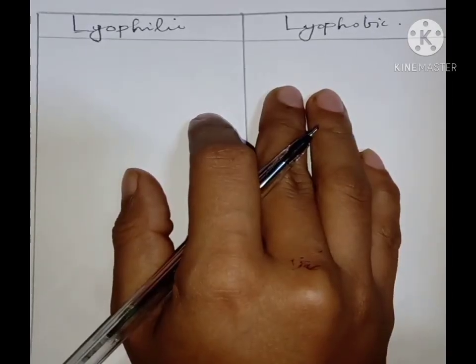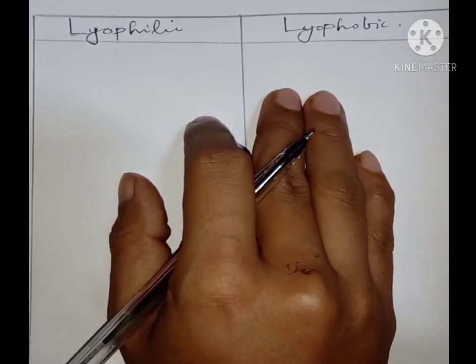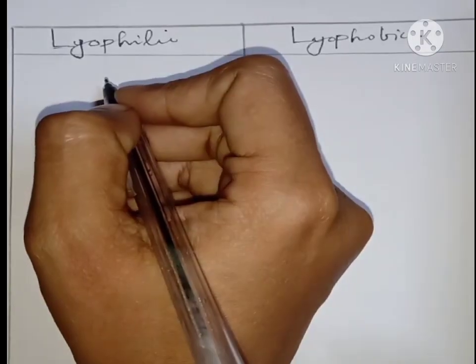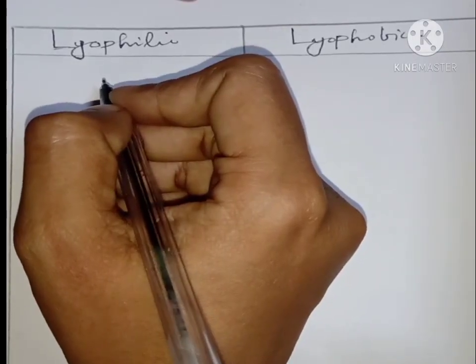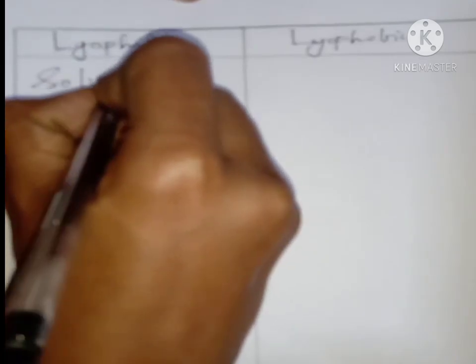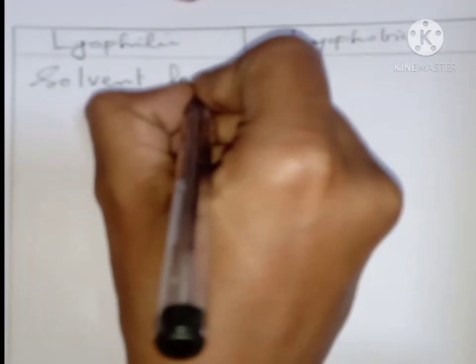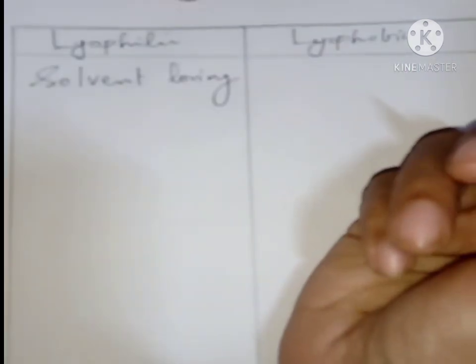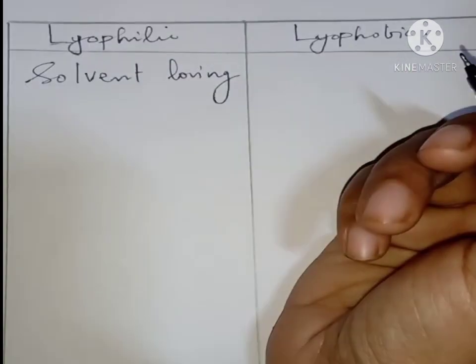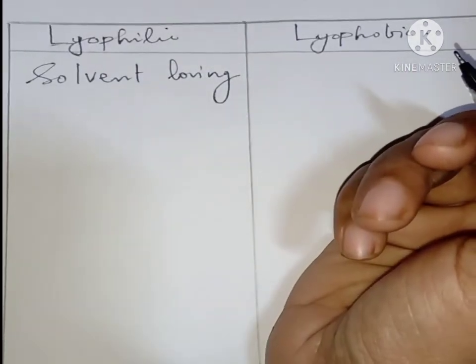Let us differentiate between lyophilic and lyophobic colloids. First of all, lyophilic colloid means solvent loving, and lyophobic is solvent hating.